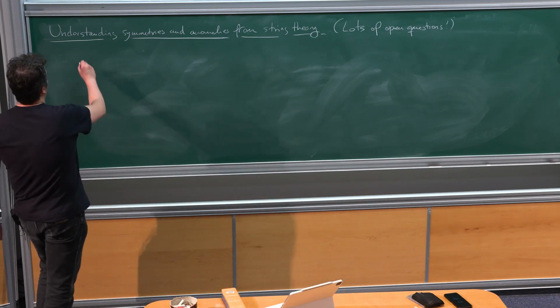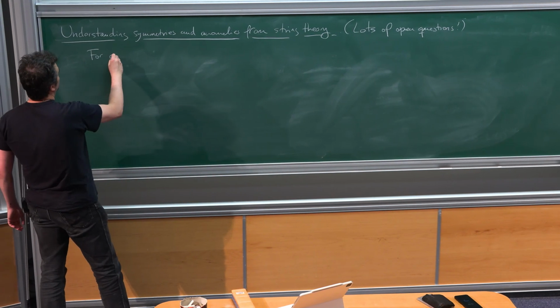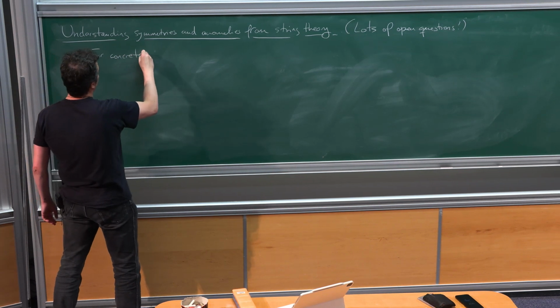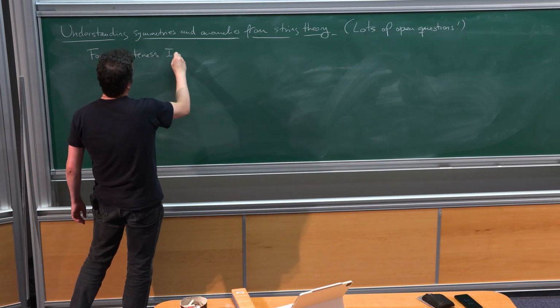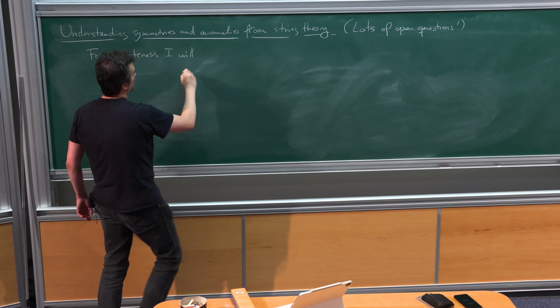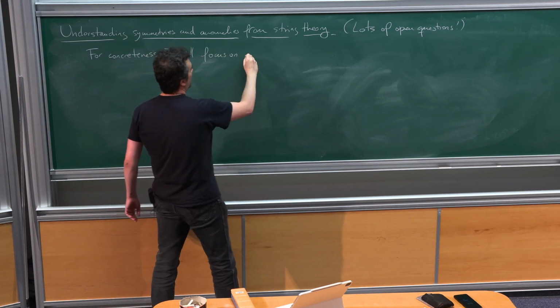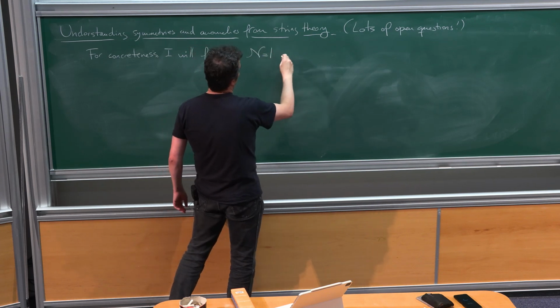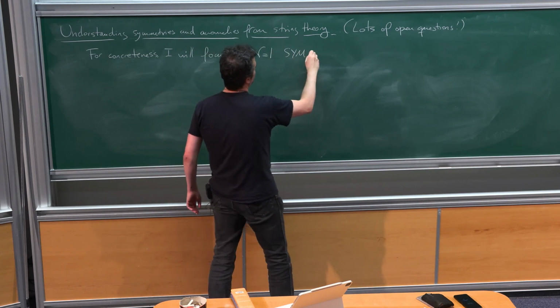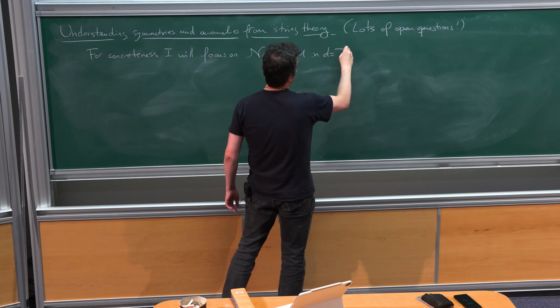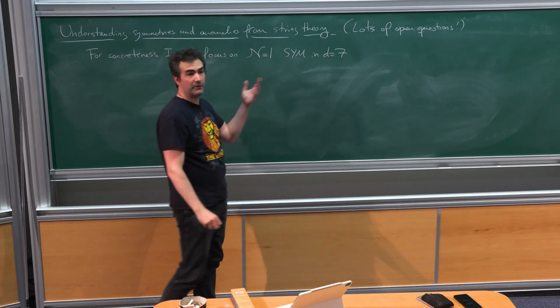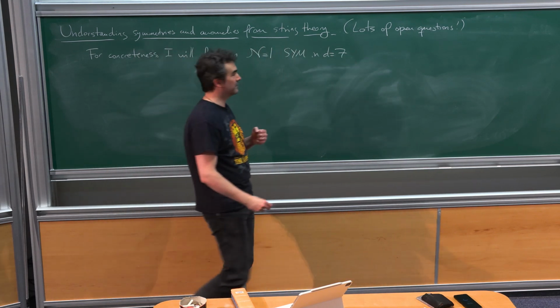Okay, so for concreteness, I will focus on a specific theory, and that's going to be N=1 super-Yang-Mills in 7 dimensions. This might seem a bit funny, but this is the simplest example I know of these things.